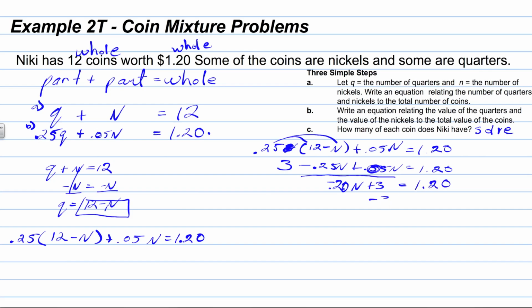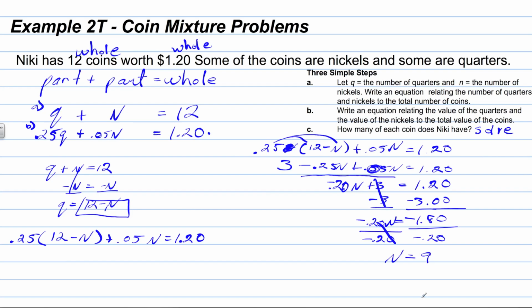I subtract 3 from each side. Don't make the mistake. You got to put that as 3.00. And when I subtract this, $1.20 take away 3 would be a negative $1.80. On this side, these cancel out, bringing down the negative 0.20 N, and then dividing each side by negative 0.20, we get N to be equal to 9.